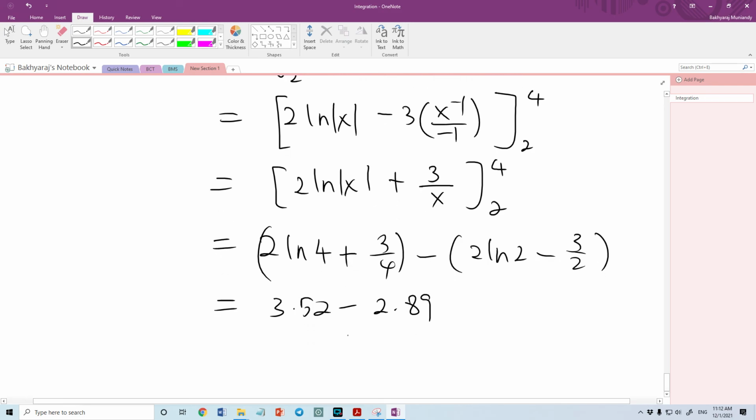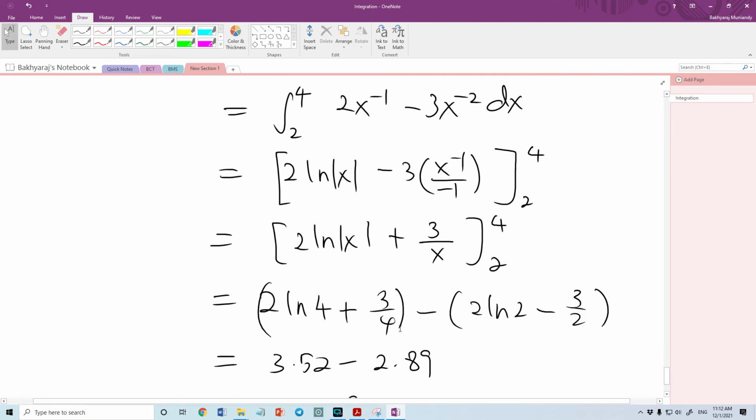So 3.52 minus 2.89 will give you 0.63. See the last answer, you get a value. Remember, for a definite integral, when you see limits it must have a value. So for all these we have values.